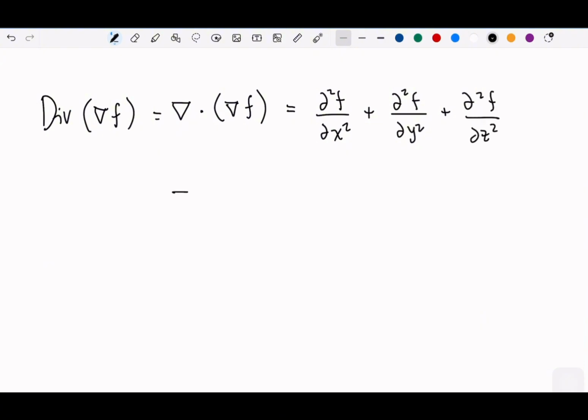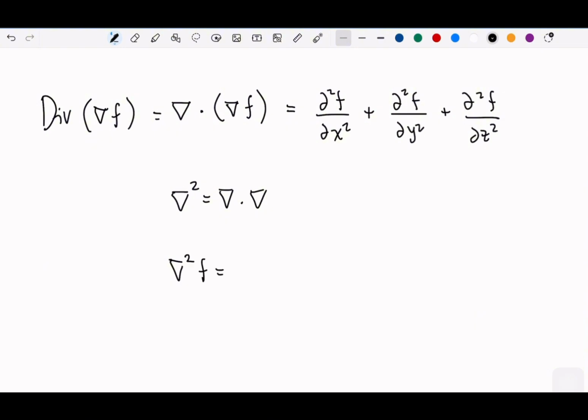So the del squared is basically del dot del. Okay. So sometimes we could rewrite this as del squared f.